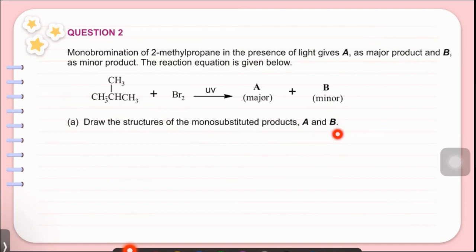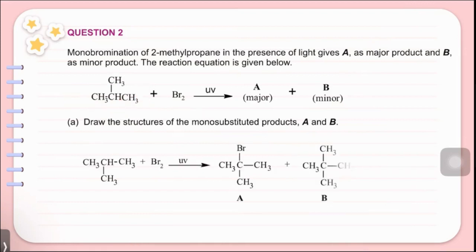What is the meaning by mono-substituted? Mono-substituted means there is 1 Br that will substitute a hydrogen from the alkene compound. Okay, so the suggested answer given is like this.